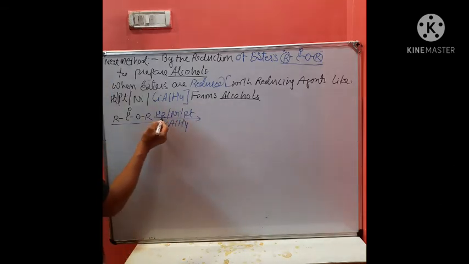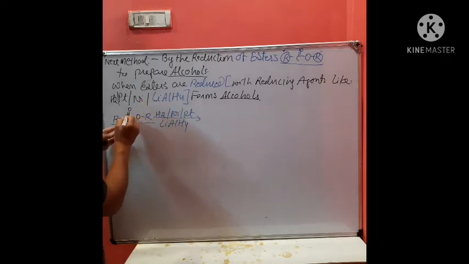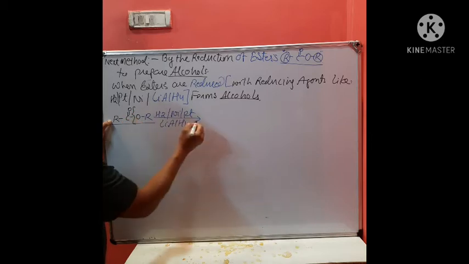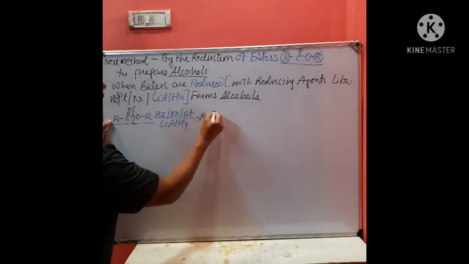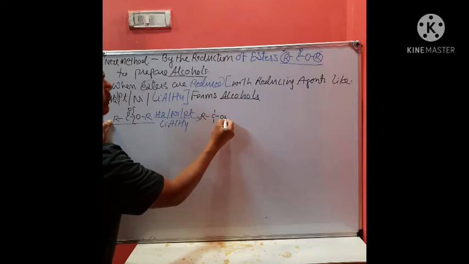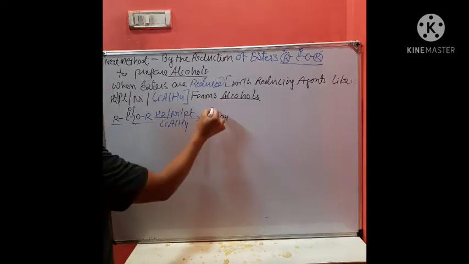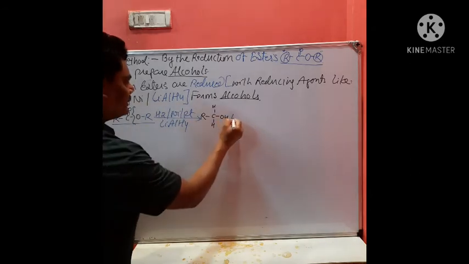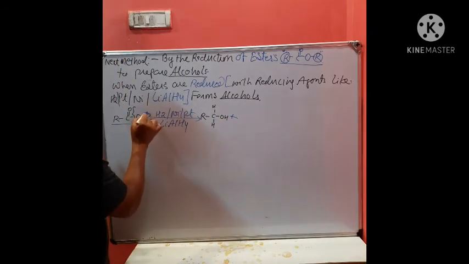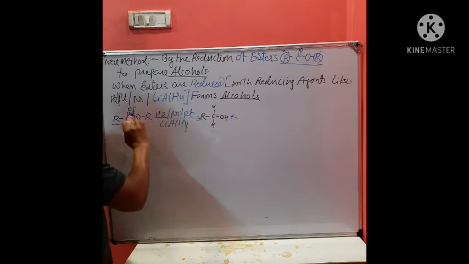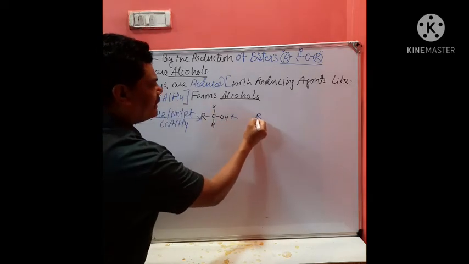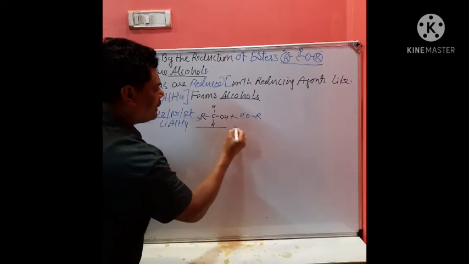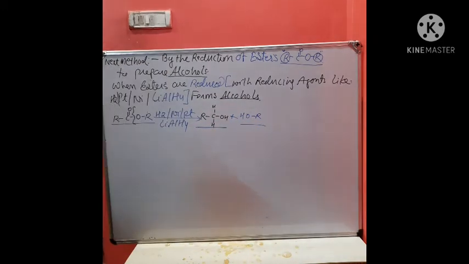So the H2 is directly added here, there being a double bond. So this compound converts into RCH2OH, plus the next compound, which is R, O and one more H, that is ROH. It means two molecules of alcohol will be obtained here.